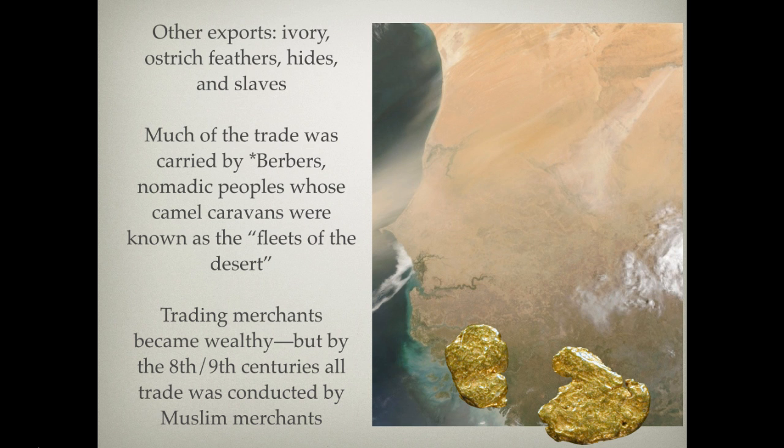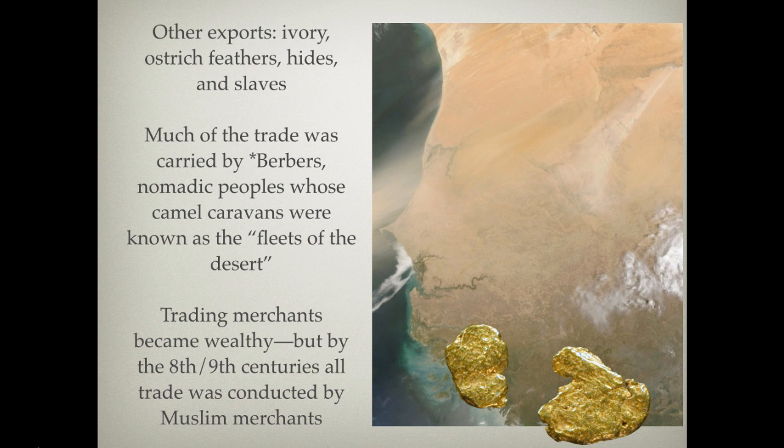So the tendency of the Berbers to travel in great numbers lent protection, really. That's the goal. You don't want to fall victim to raids and to bandits. Much of this trade is fueled by the Berbers as they cross the Saharan desert, exchange whatever goods they have with the Africans, and then bring it back to the north.